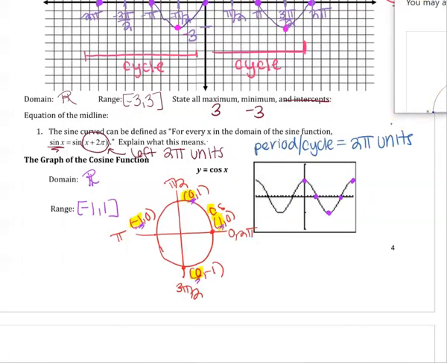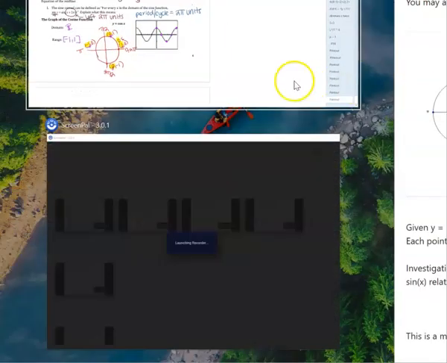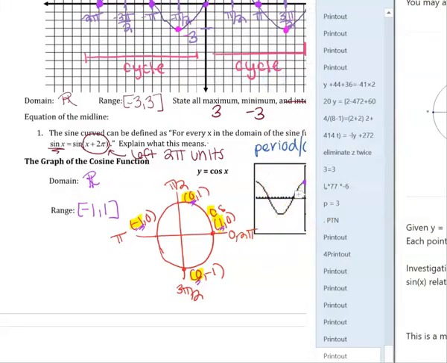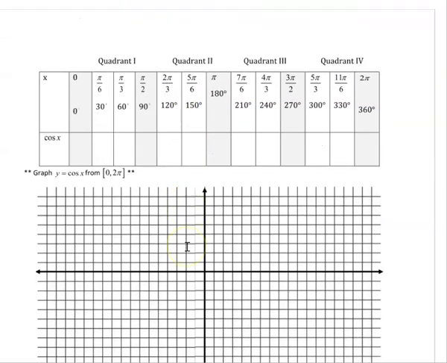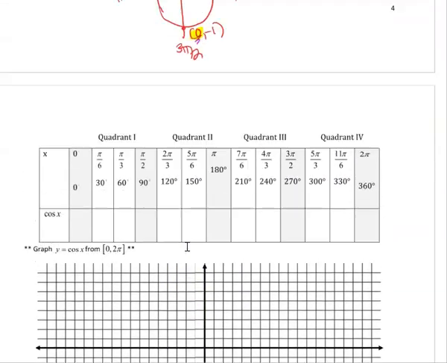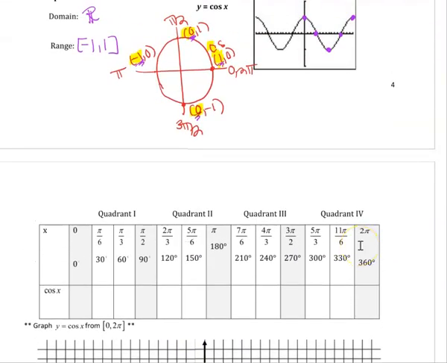All right, so let's actually practice graphing this ourselves. Let me move this. Okay. So in our little table of values here, we're going to record these same numbers I was talking about. So like at 0, we have 1. At pi over 2, we have 0. At 180, we have -1.